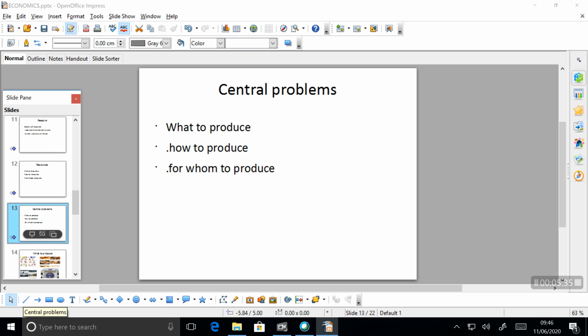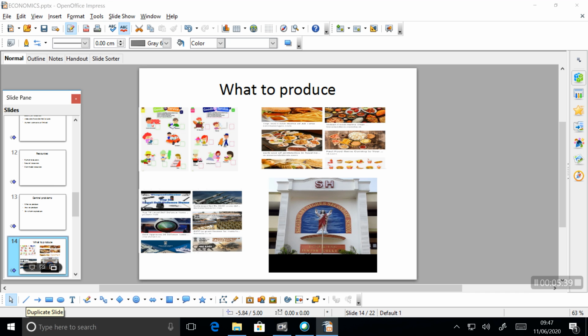The first one, what to produce, means the person has to decide whether to produce food items or capital goods, like machinery or weapons, or to produce educational institutions or healthcare institutions. That is the first question, what to produce.